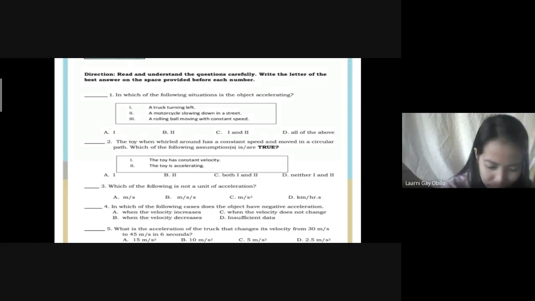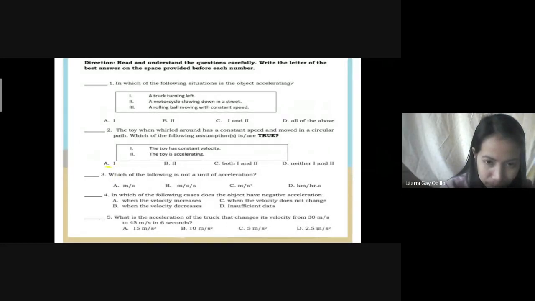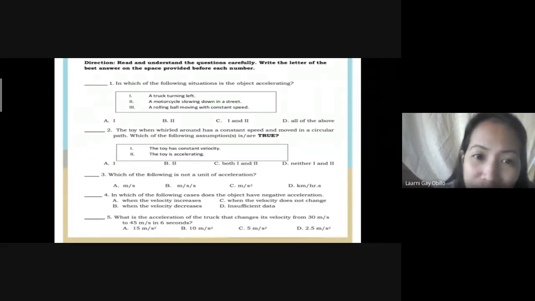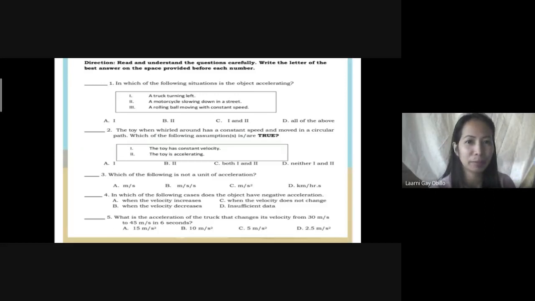C daw, ang sabi ni John Mark. Ayan, ang sagot. Nakikita niyo sa screen? Okay, answer is letter A. The toy has constant velocity kasi nga hindi nagbabago yung kanyang speed at yung kanyang path.